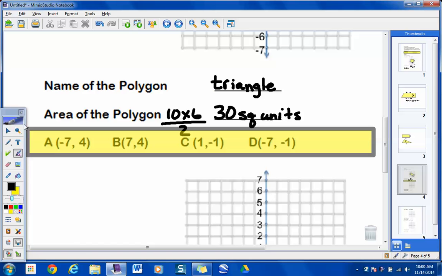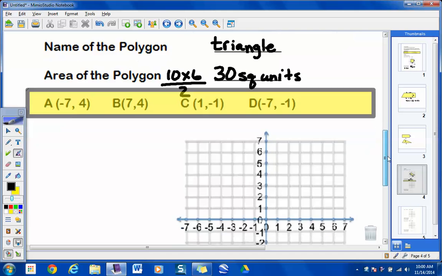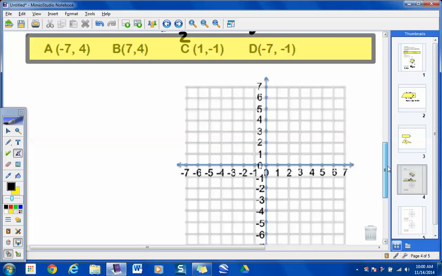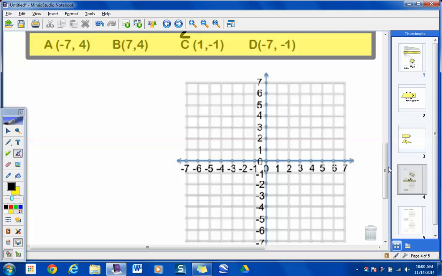Let's do this third example right here. Oh, please fit, please fit. There we go. Go ahead and plot your points for this next one, okay? I'll do the same. Tell me if I've got my points correct.